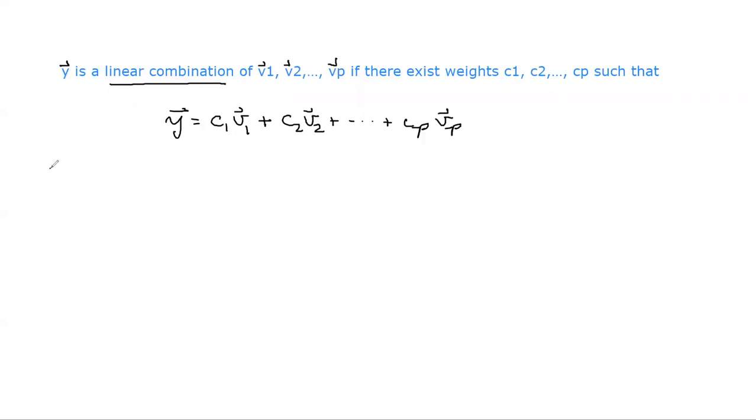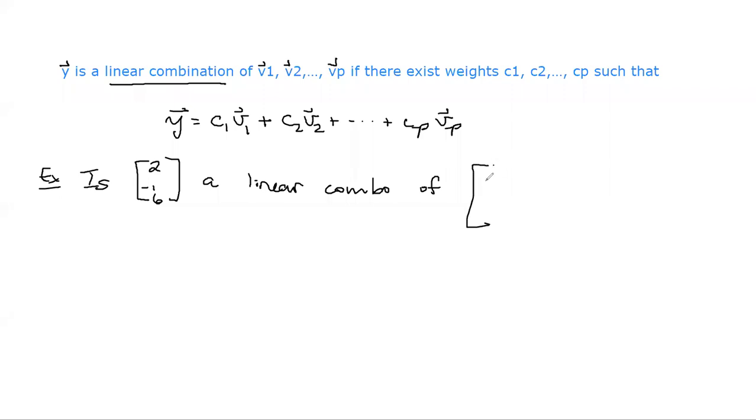So here's our example. Our question is: is the vector (2, -1, 6) a linear combination of, let's say, these three vectors, (1, -2, 0), (0, 1, 2), and (5, -6, 8)?